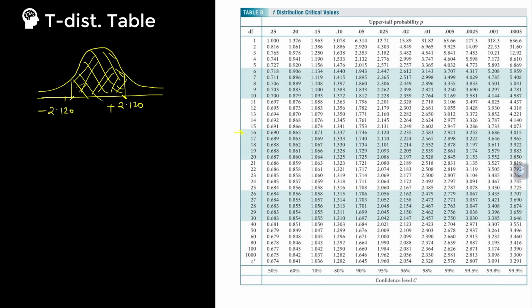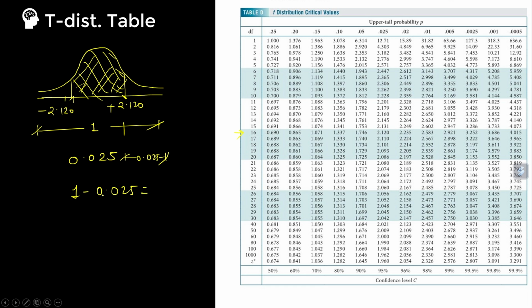For 16 degrees of freedom, we have a probability for 2.120 as 0.025. Okay, so we know this total portion is of 1 at this point. So this much portion is 0.025. So when we subtract this 0.025 from 1, we will get 0.975.